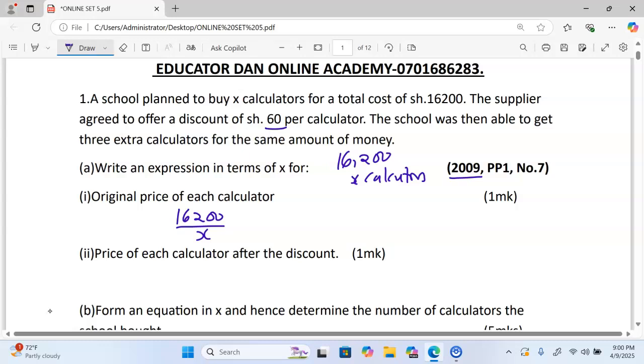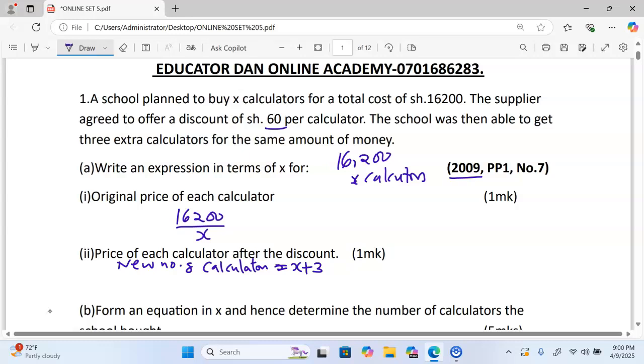Then the school was able to buy 3 extra calculators. We can say the new number of calculators will be equal to X plus 3.